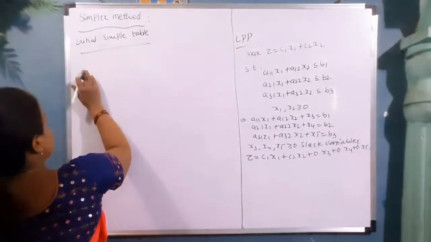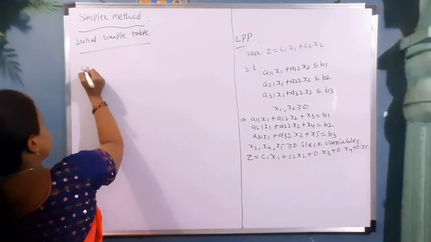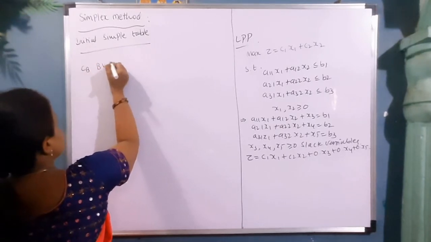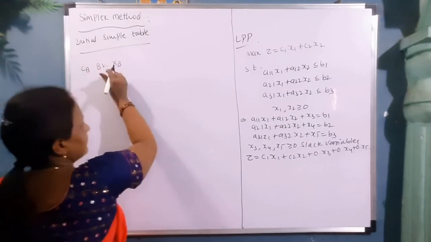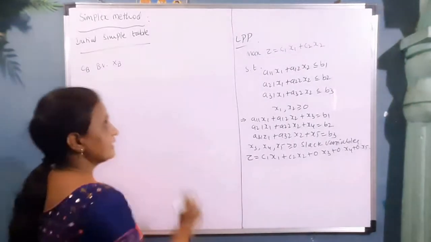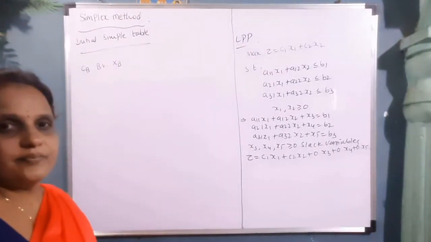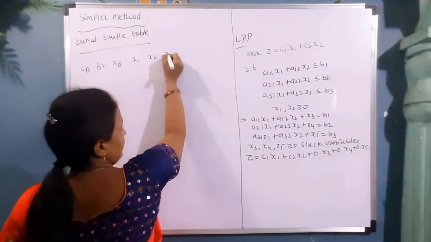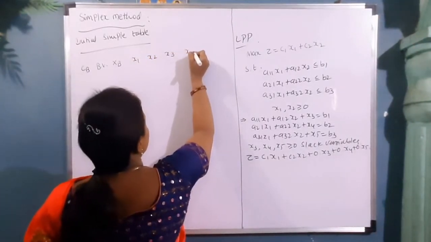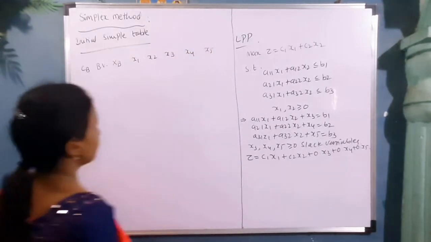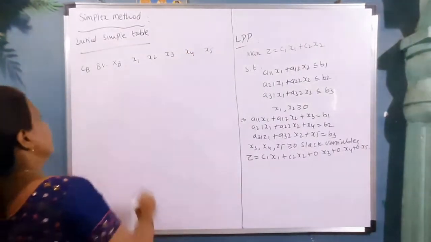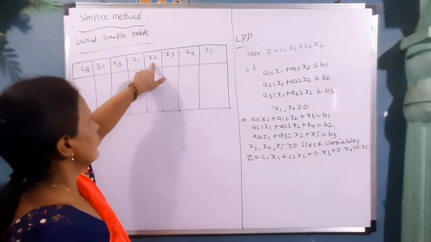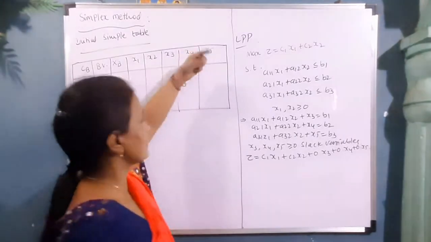First, the first column is CB, then the basic variables, then XB, then all the variables which are present: x1, x2, x3, x4, x5. In the line above, we write the coefficients of these variables in the objective function.